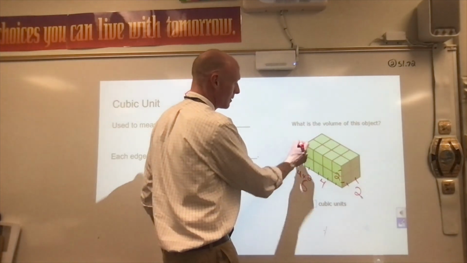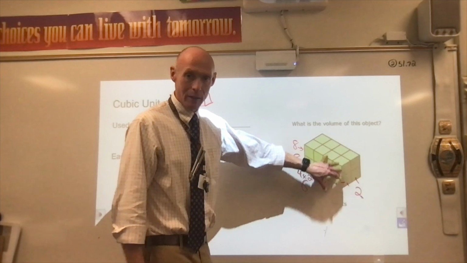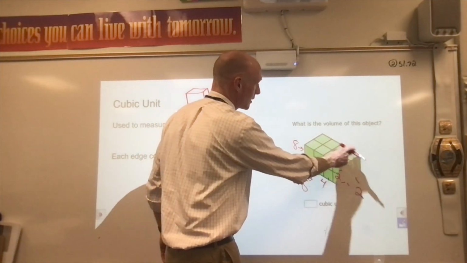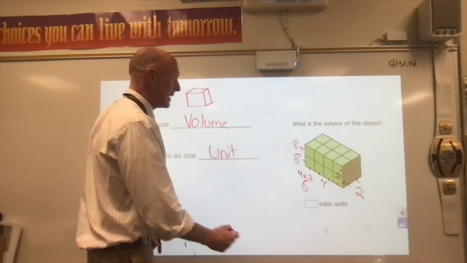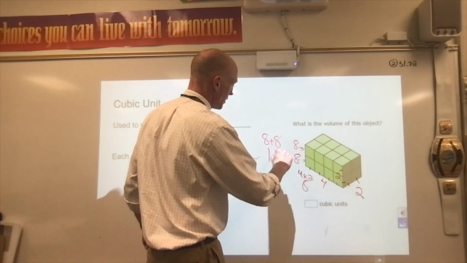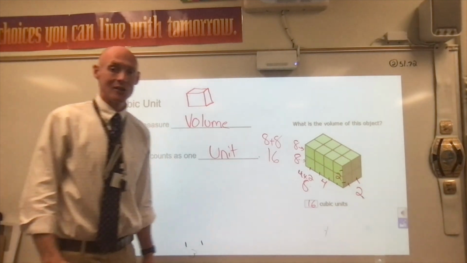That one has 8. This one has 8 because they're a perfect box together. And you can even count these. 1, 2, 3, 4, 5, 6, 7, 8. 8 and 8 means that there are 16 cubic units there.